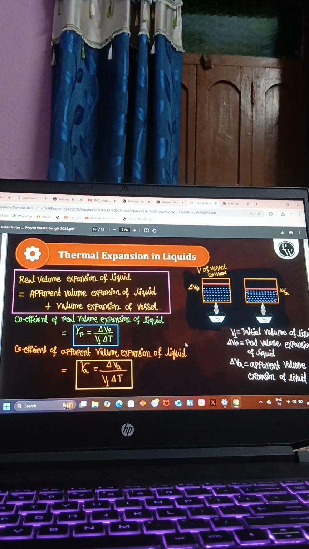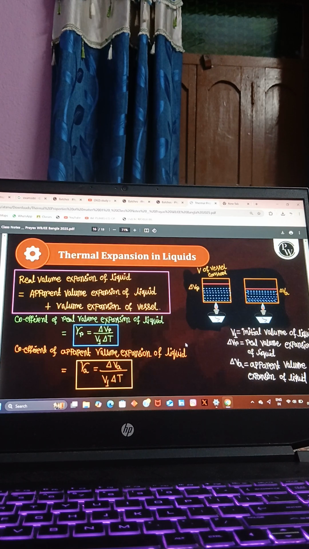Thermal expansion in liquids: real volume expansion of liquid, apparent volume expansion of liquid, plus volume expansion of a vessel, the container that the liquid contains.